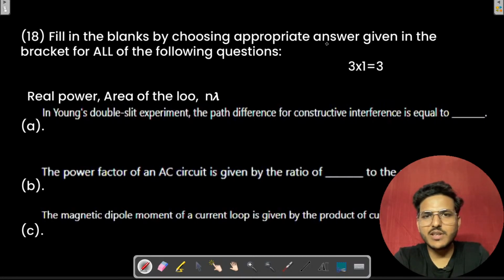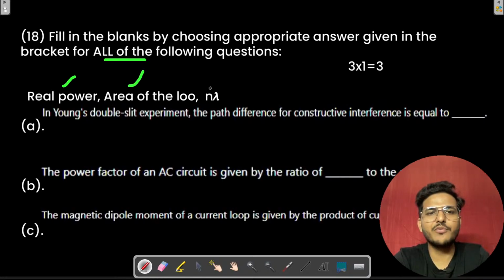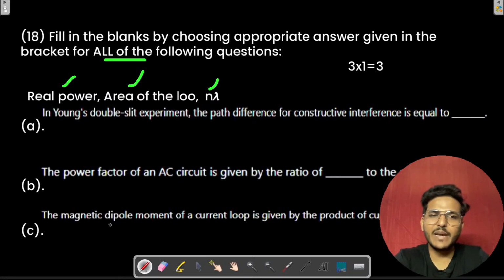Fill in the blank choosing the appropriate answer given in the bracket for all the following questions. We have three options: real power, area of the loop, and n lambda. These are the 3 options we have to put in A, B, C. In Young's double slit experiment, the path difference for constructive interference is equal to n lambda.